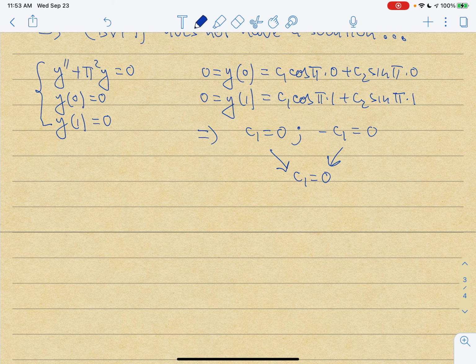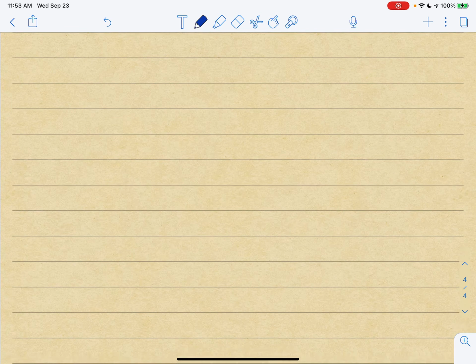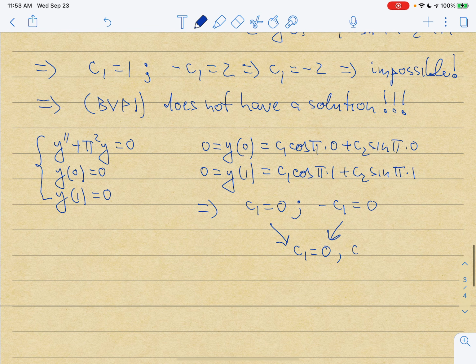So c1 is equal to 0, and nothing can be said about c2 because it's always multiplied by sine of pi, or by sine, which is equal to 0. So c1 is 0, and then c2 is arbitrary.